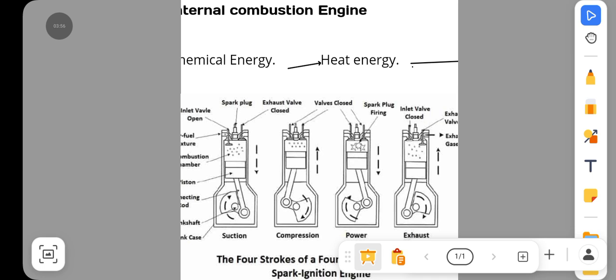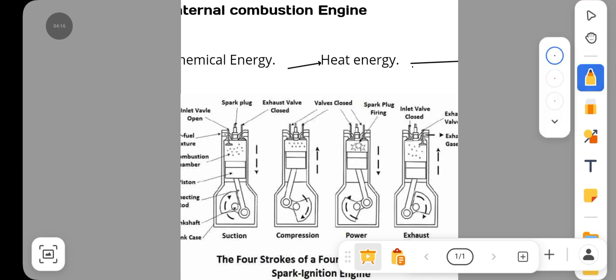This is compression happening here, and after the compression, the spark plug creates a spark and we have heat addition. So there will be some kind of combustion in this third slide here.